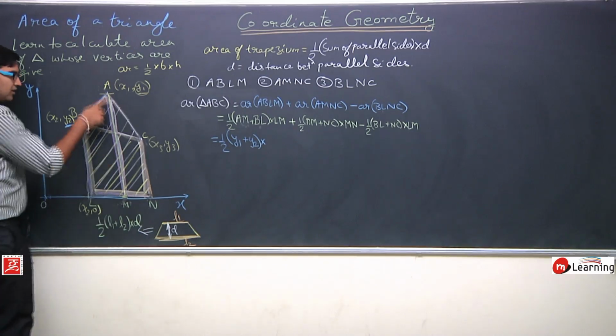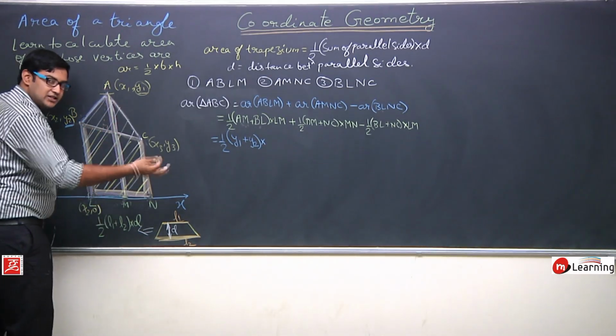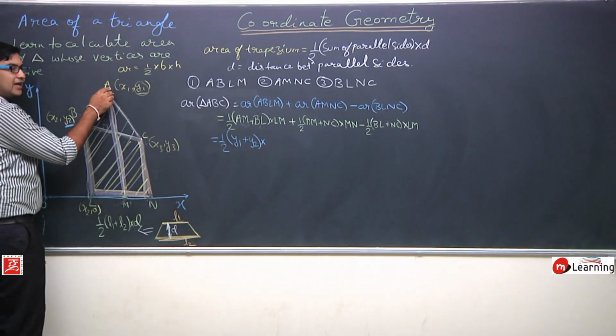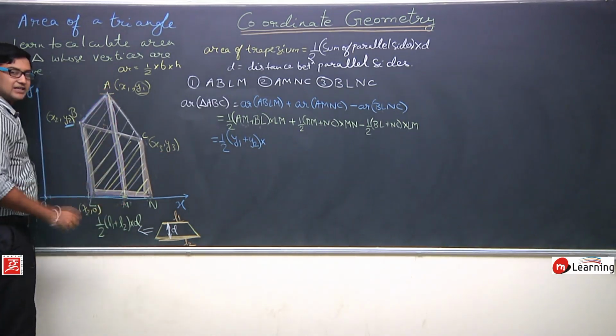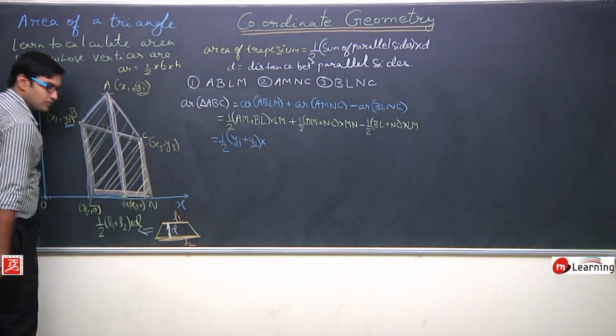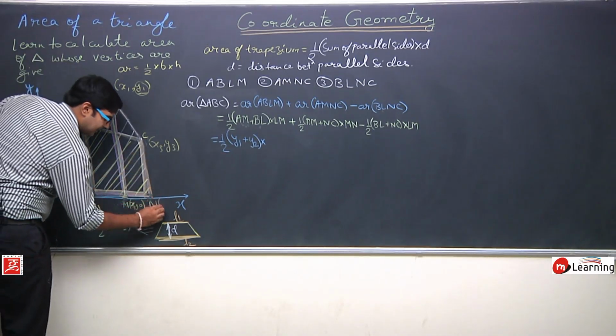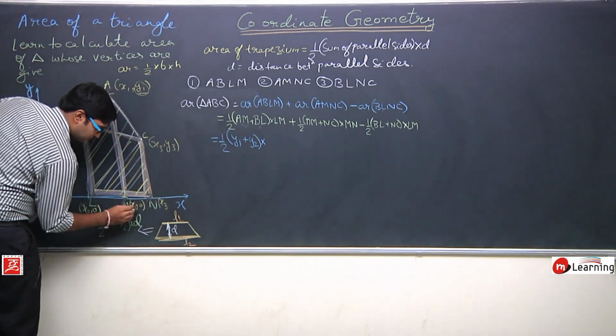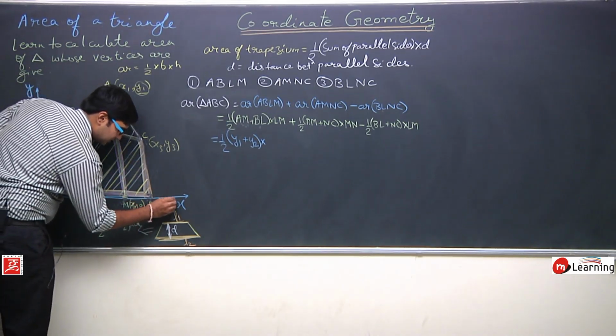What about M? AM is a perpendicular on the x axis, so the x coordinate of A and M will be the same, so it will be x1 comma 0. Similarly for N we will write x3, sorry this is x2, x3 comma 0.